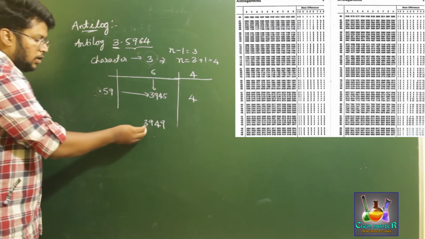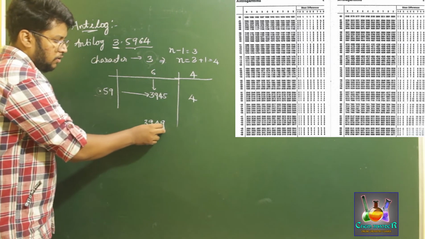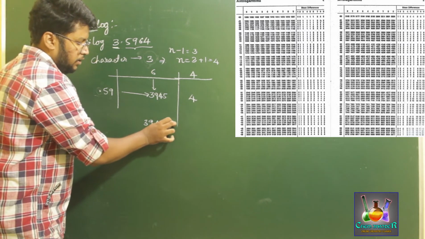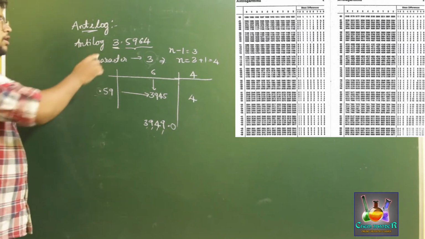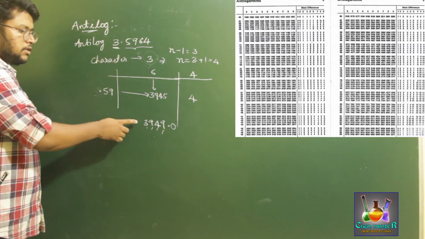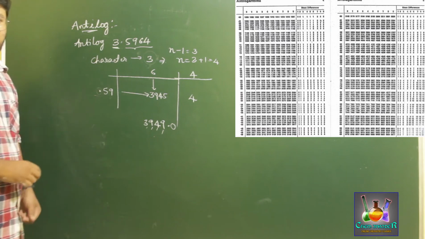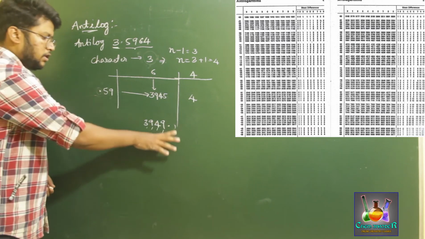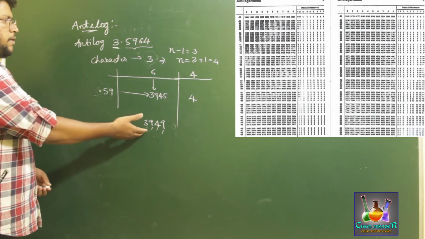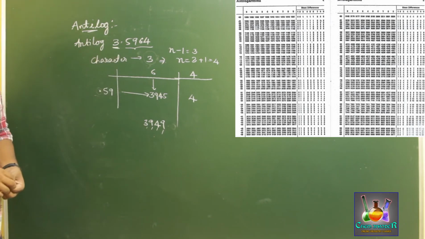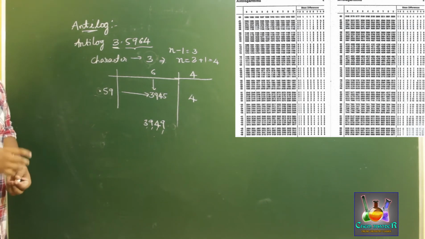So we count 1, 2, 3, 4, and then point the decimal. That means the anti-log of 3.5964 is 3949.0. That is, the log of 3949 gives the value 3.5964. This is how we calculate the anti-log.